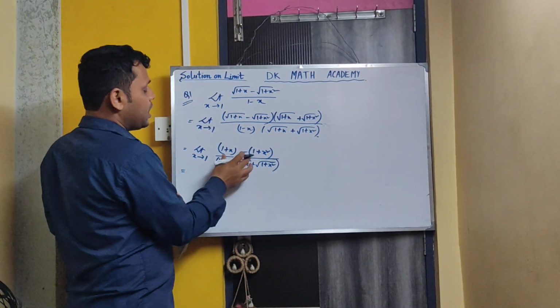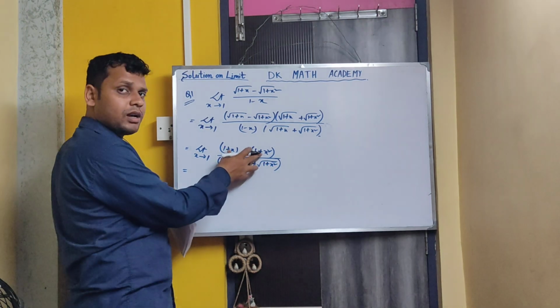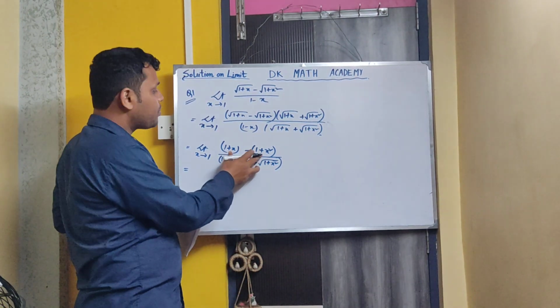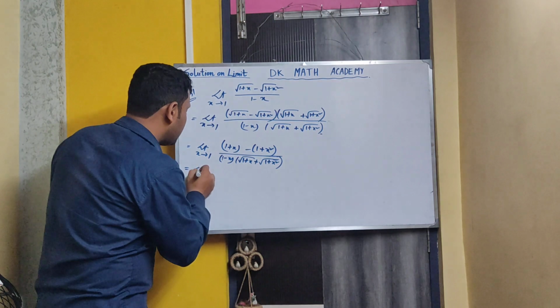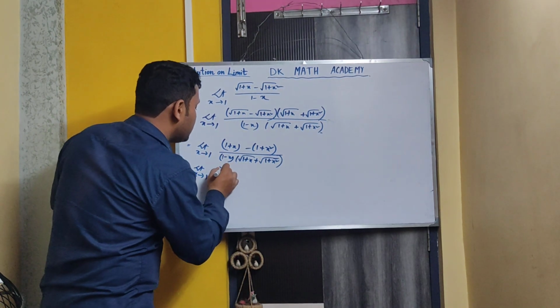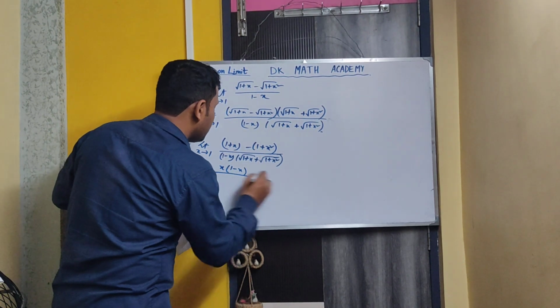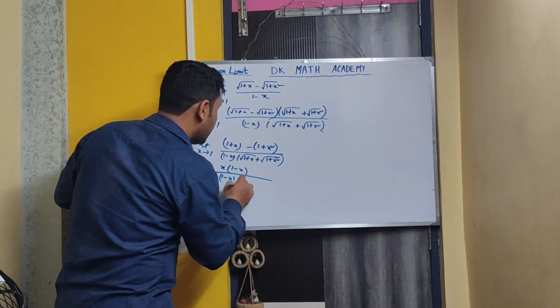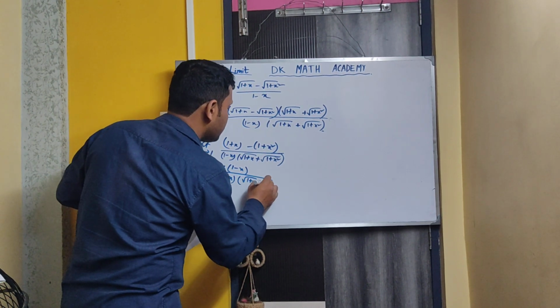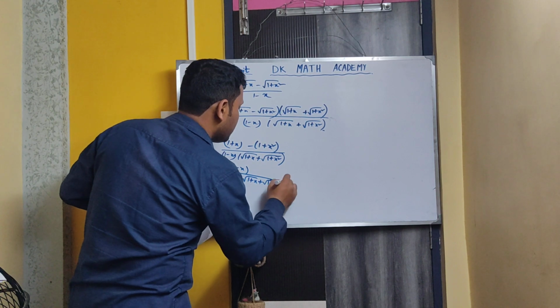Now see that this is x minus x square, that means x into 1 minus x, and the denominator is 1 minus x into root over 1 plus x plus root over 1 plus x square.